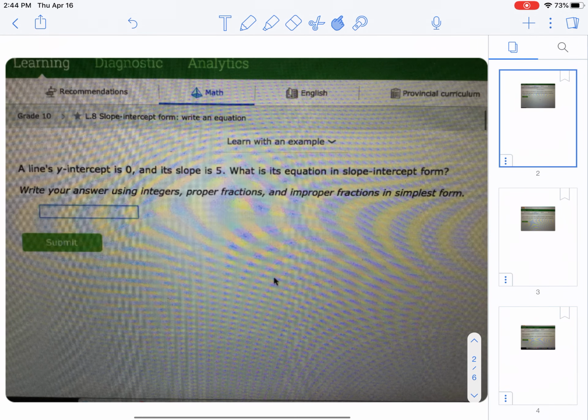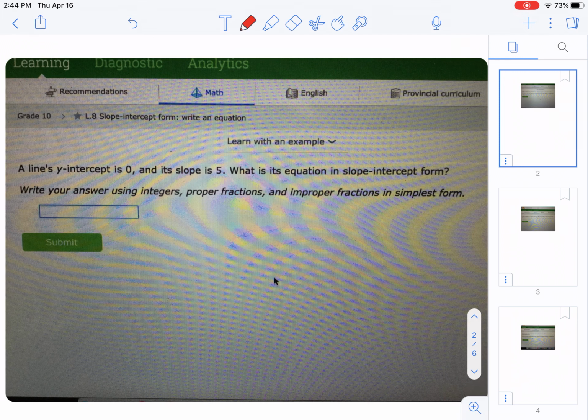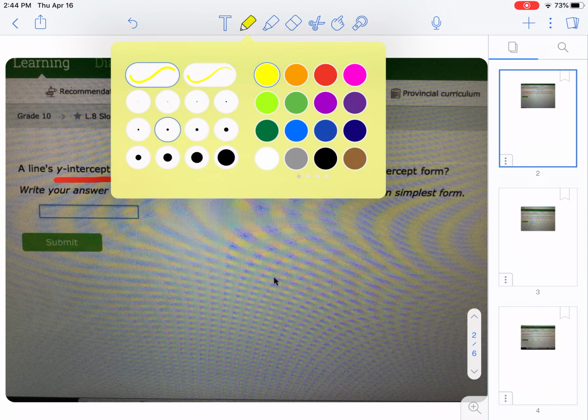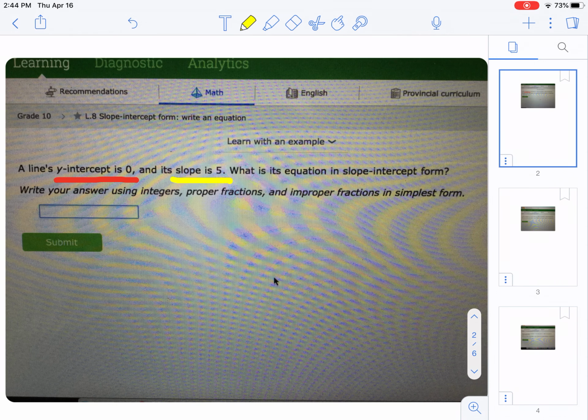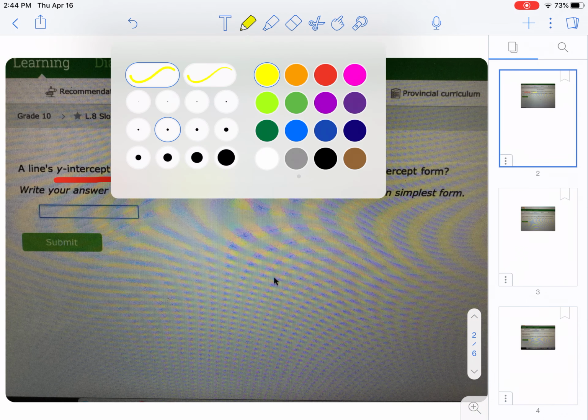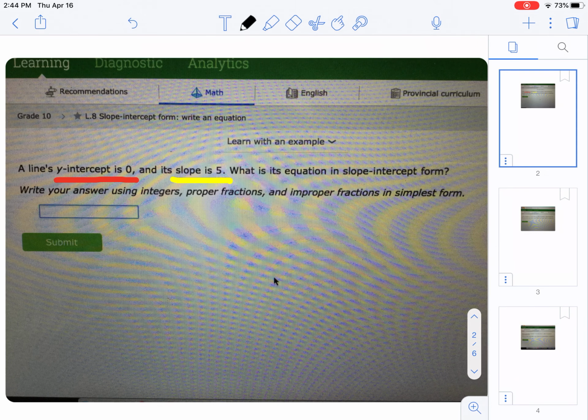In this question, it says the line's y-intercept is 0 and the slope is 5. So what we already know is that the equation in slope-intercept form is y equals mx plus b, where the y-intercept is the last number and the slope is the m, or the number before the x.